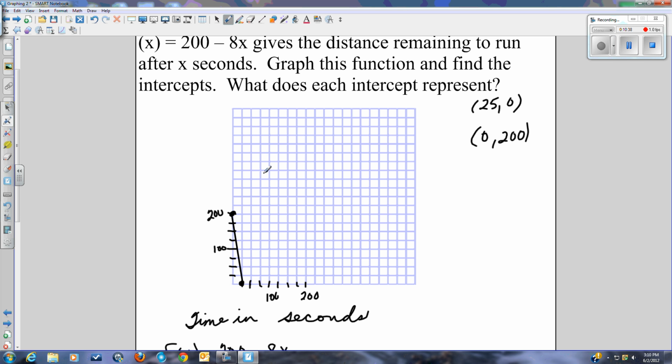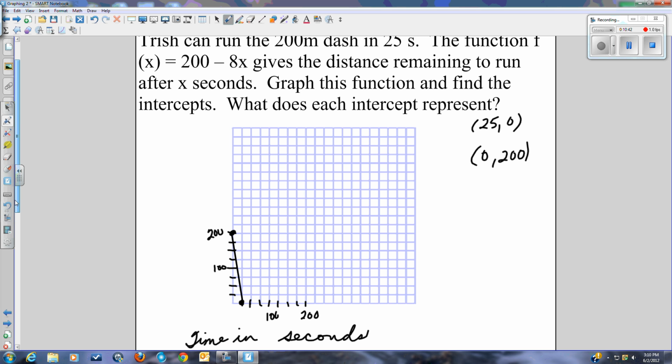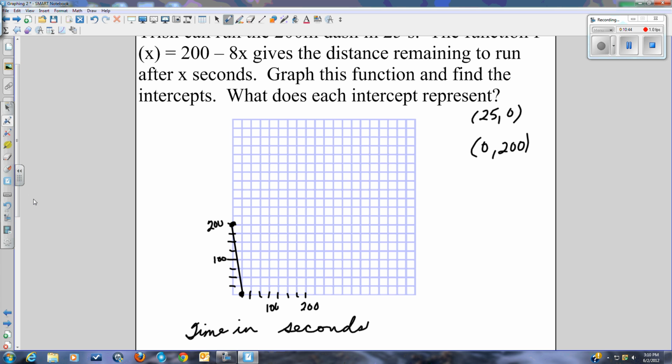Now, it says that the function gives the distance remaining to run after x seconds, and that was in meters. So here is your distance remaining to run, in meters, because this was for the 200-meter dash.